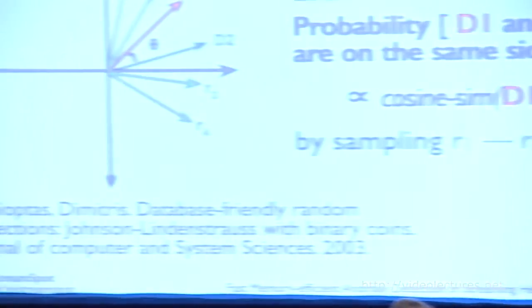And the probability of two documents lying on the same side of any random vector is actually proportional to their cosine similarity. So what SimHash does is it estimates this probability by sampling a fixed number of random vectors and counting the number of times that the two documents lie on the same side of the random vector.